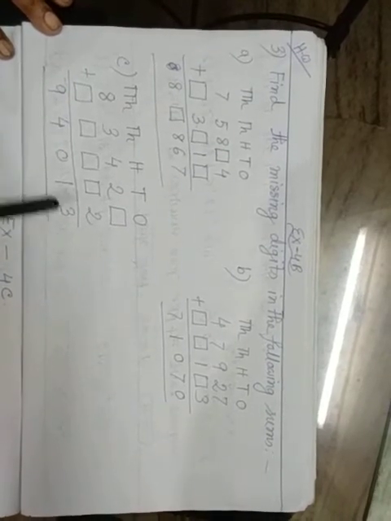B. 4 7 9 2 7 blank 1 blank 3 7 1 0 7 0. C. 8 3 4 2 blank 4 blank 2, that is 9 4 0 1 3.